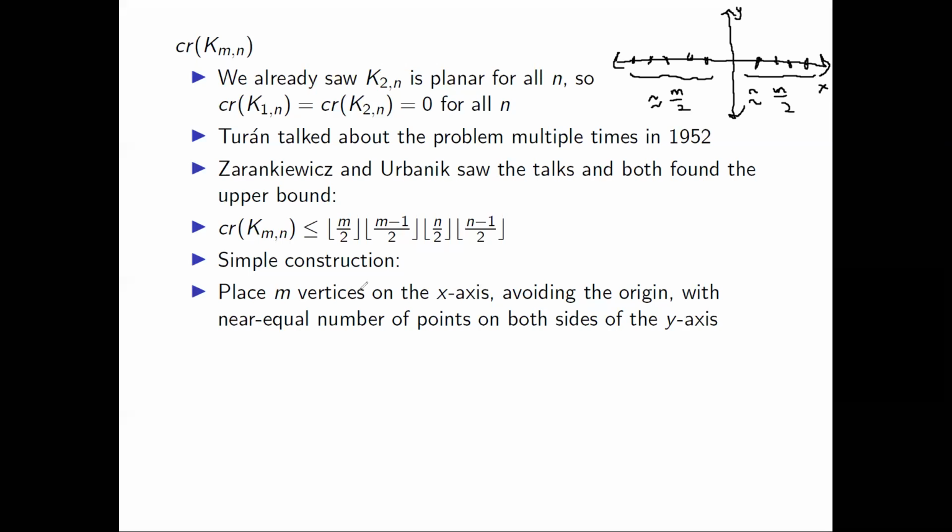I can be even more explicit about that, and I can say floor of m over 2 over here and ceiling of m over 2 over there. Though the way I drew it, it would be like that.